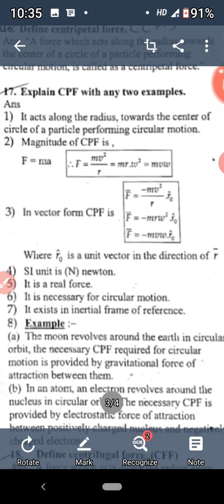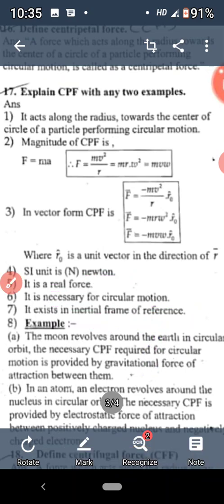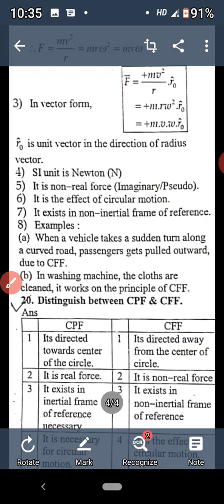The fourth point is its SI unit is Newton. It is a real force. It is necessary for circular motion. It exists in an inertial frame of reference. So these are the different points of centripetal force, and the examples also we have seen.